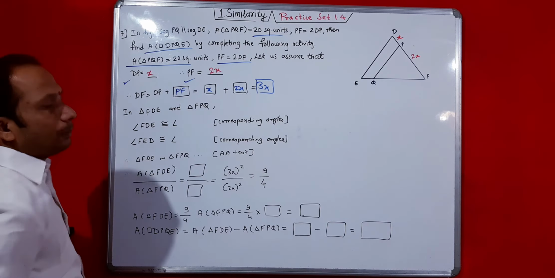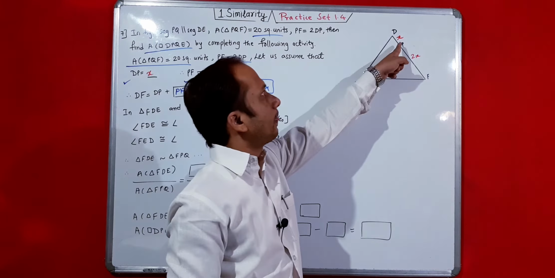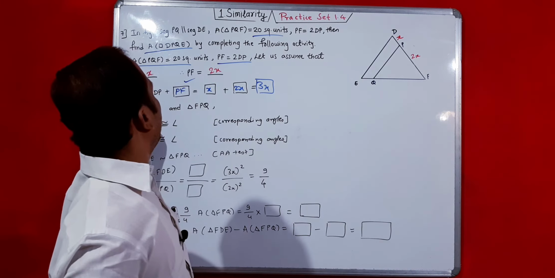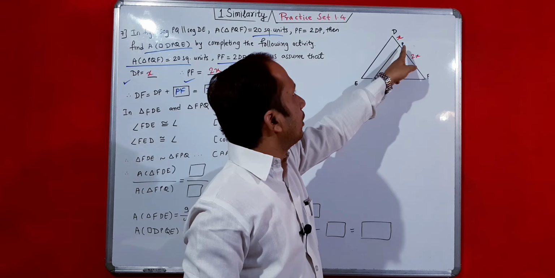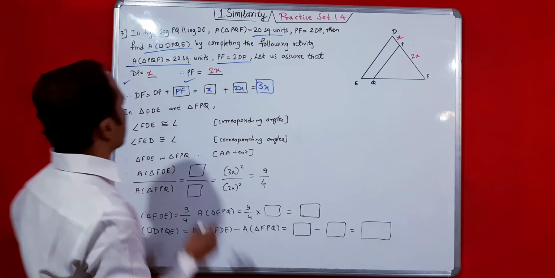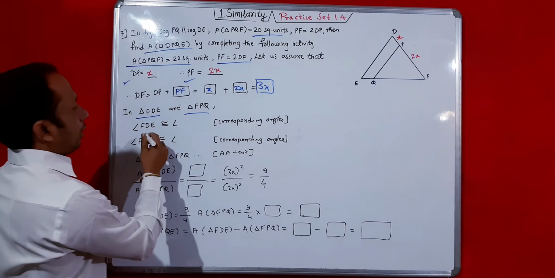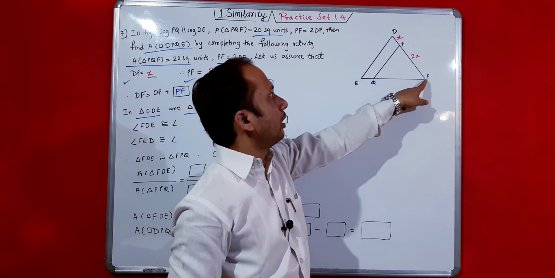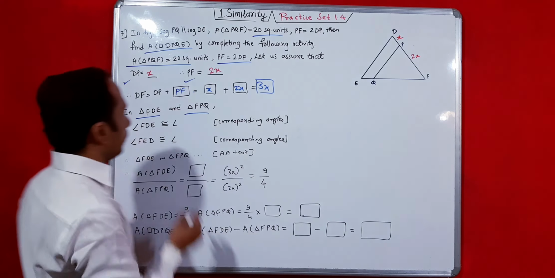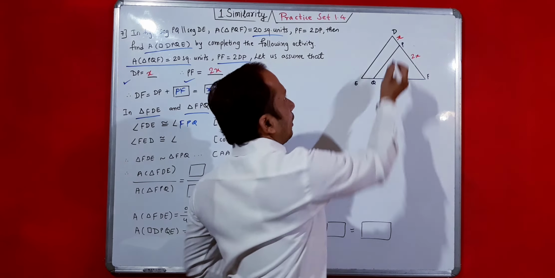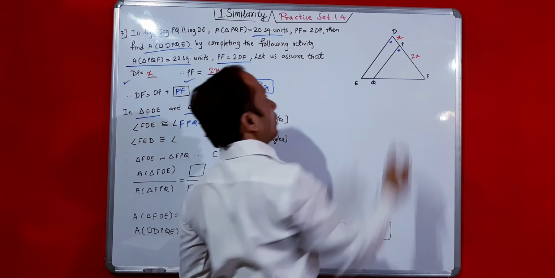In triangle FDE and FPQ, both triangles, angle FDE and angle FPQ, see this angle and this angle, both angles are corresponding angles.